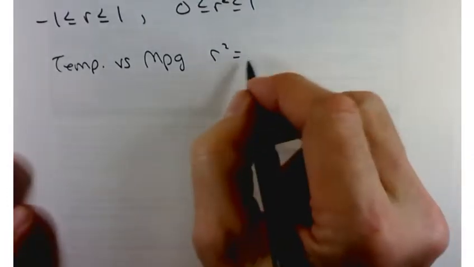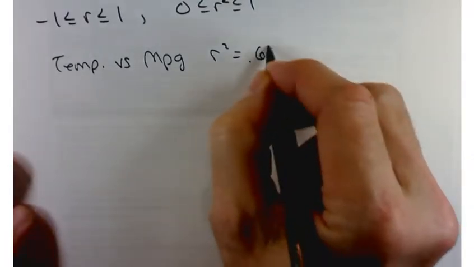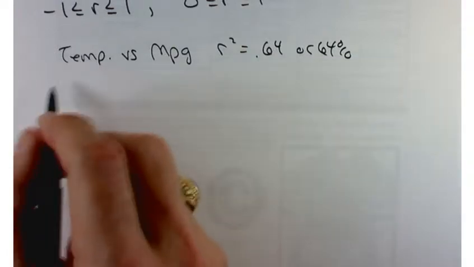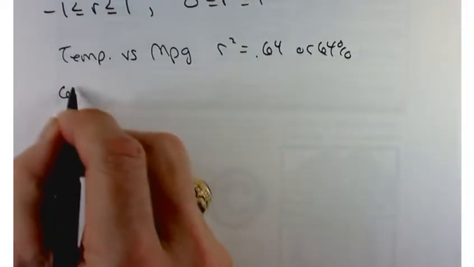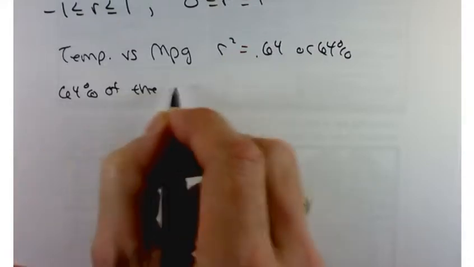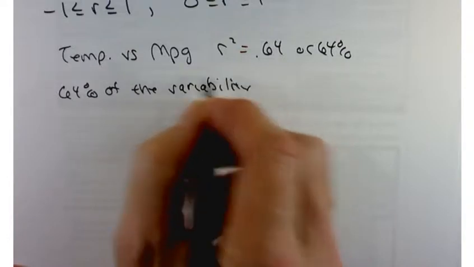It's telling me that 64% of the variability in gas mileage, or MPG, is explained by knowing the temperature.